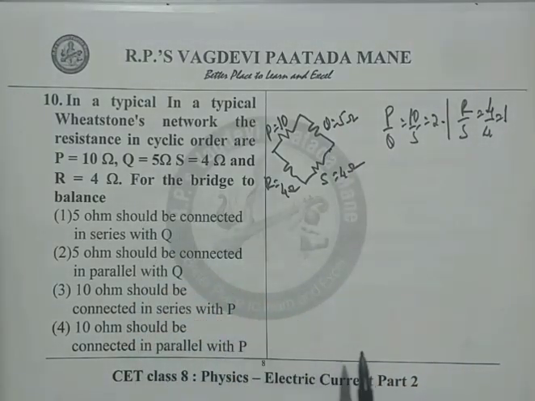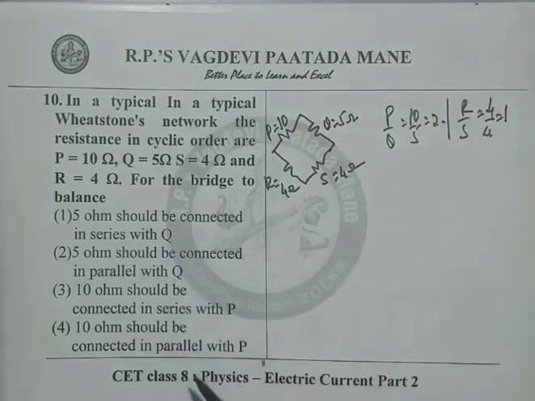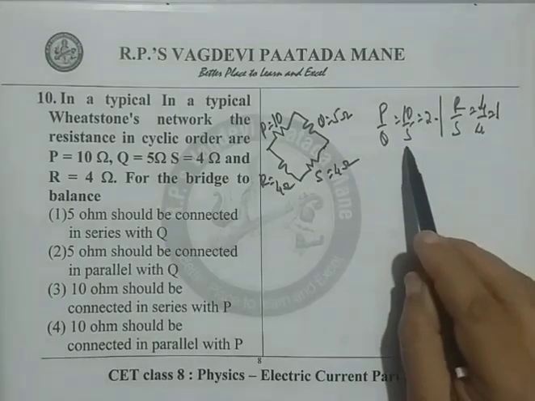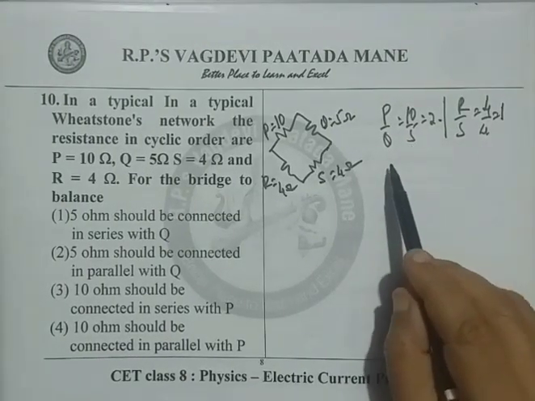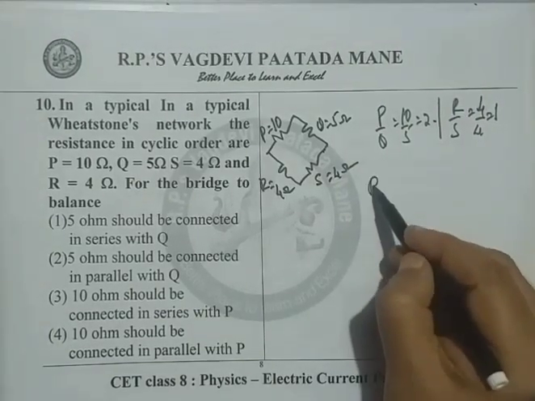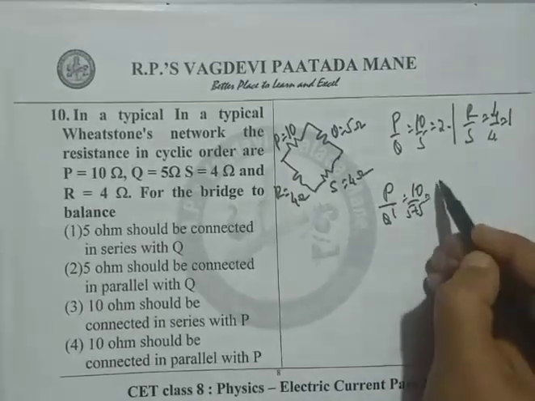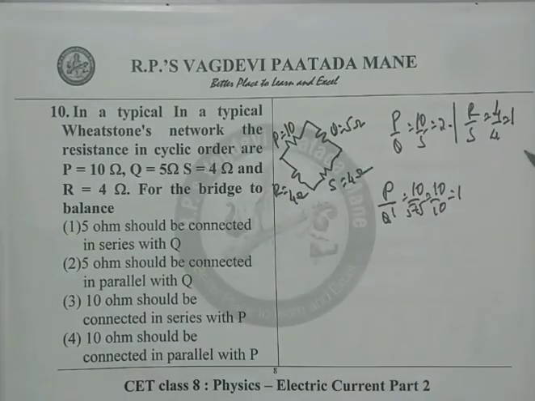For the bridge to balance, in the given options, first two are with the Q, last two are with the P. First we check with the Q itself. 5 ohm should be connected in series with Q. That means Q was 5, and if we connect one more 5 ohms in series with Q, then P by Q dash is 10 by 5 plus 5, which is 10 by 10, which amounts to 1, which is nothing but R by S also.